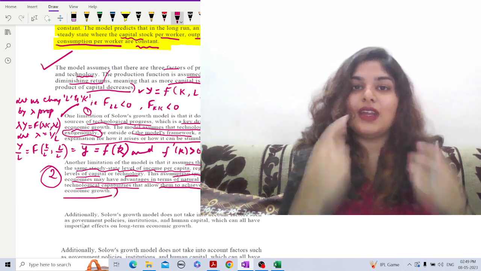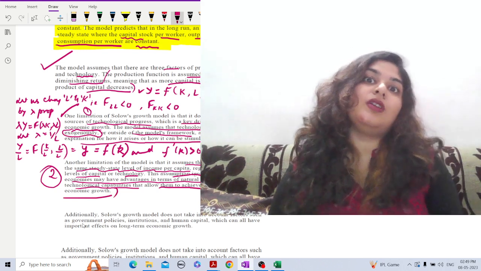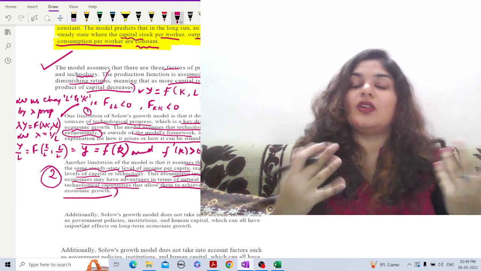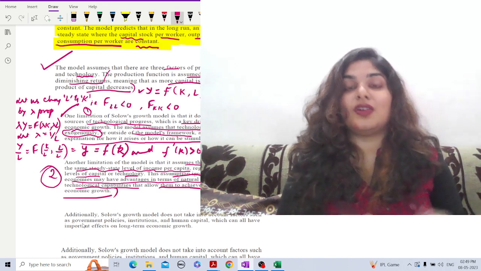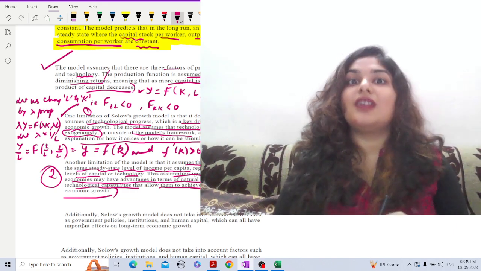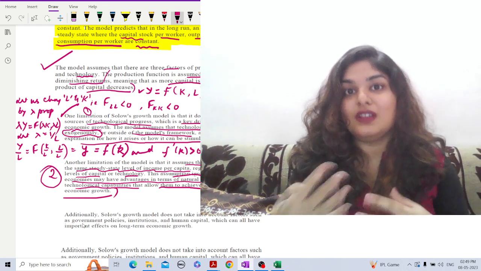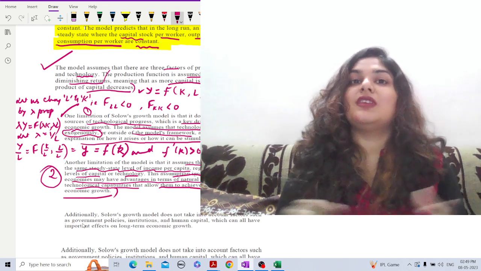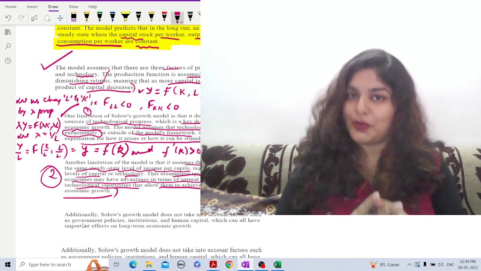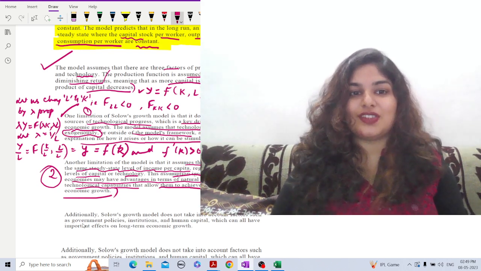That means it is trying to say that this model already assumes a given amount of technology with which the economic growth is taking place, and ignores any other possibility that there can be change in the technological progress within the system with which there can be more economic growth, and it is not just given or fixed in amount. So this is the second limitation.